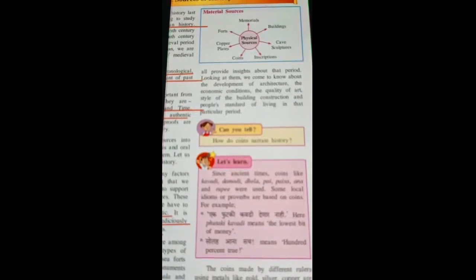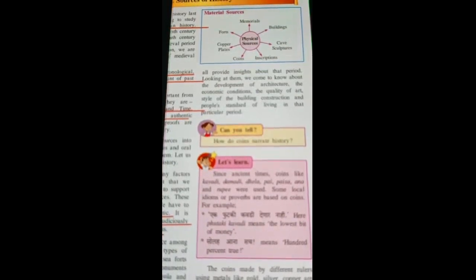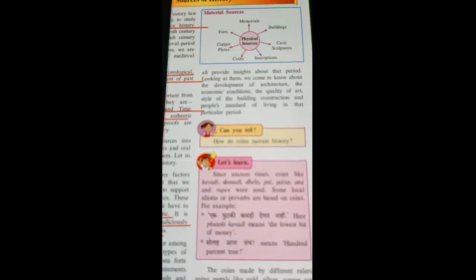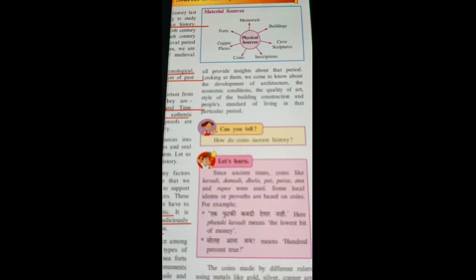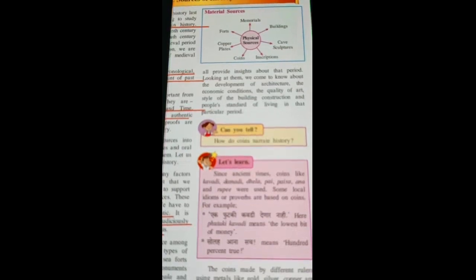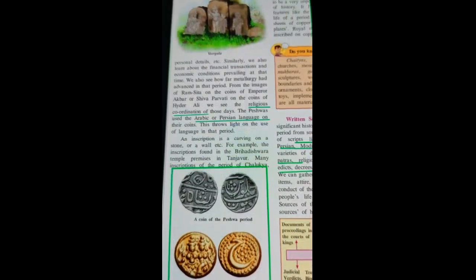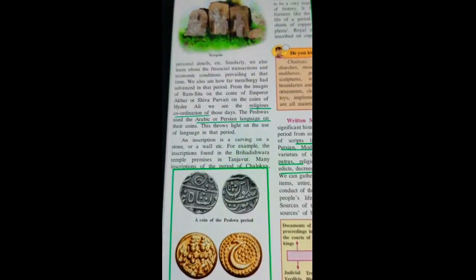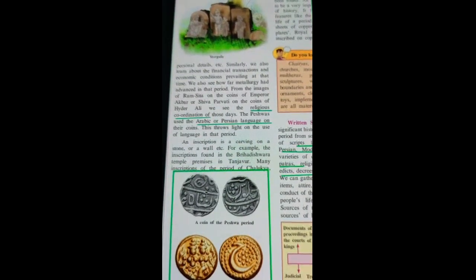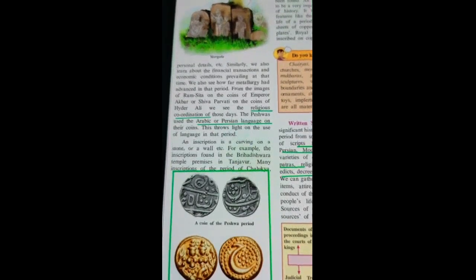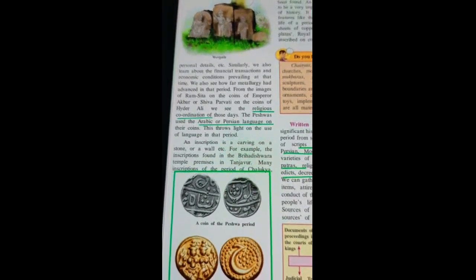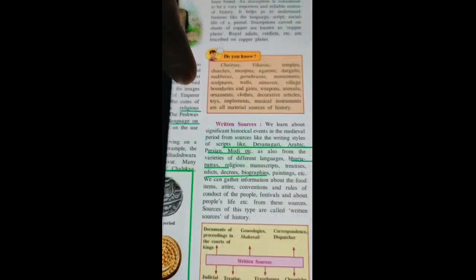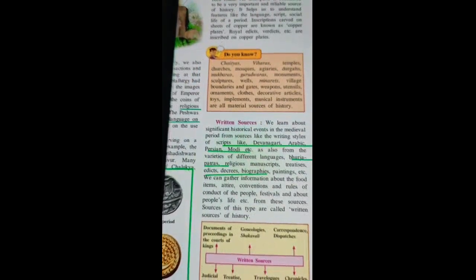Material sources also include chaityas, viharas, temples, churches, mosques, minarets, village boundaries, weapons, utensils, implements, musical instruments, etc. On this page, we can see a picture of a Veer Gal, a coin of the Peshwa period, a coin of Hyder Ali. And now, let's move on to the written sources of history.